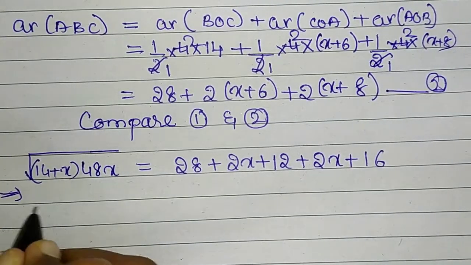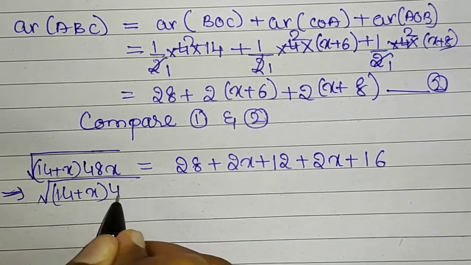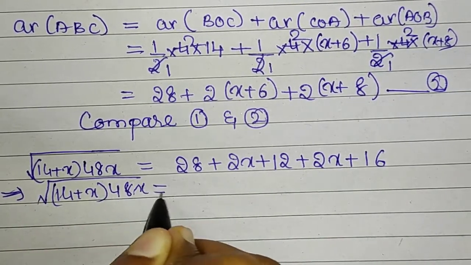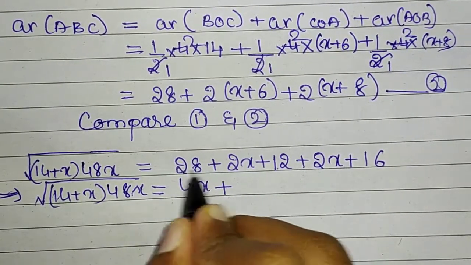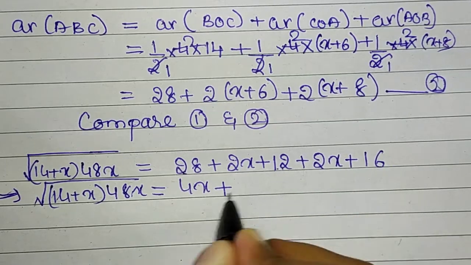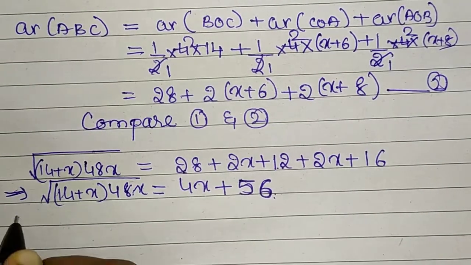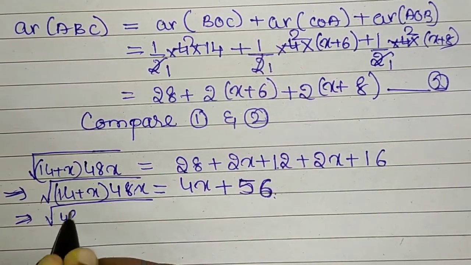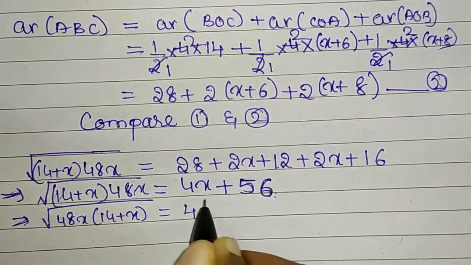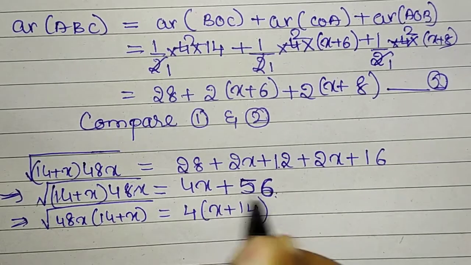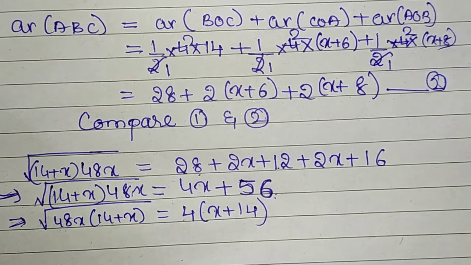So this implies the square root of (14 plus x) into 48x is equal to 4x plus 28 plus 12 is 40, 40 plus 16 is 56. So this implies the square root of 48x into (14 plus x) is equal to 4 times (x plus 14). I took 4 common. So 4 into x, 4x, 4 into 14, 56. We will get the same thing.